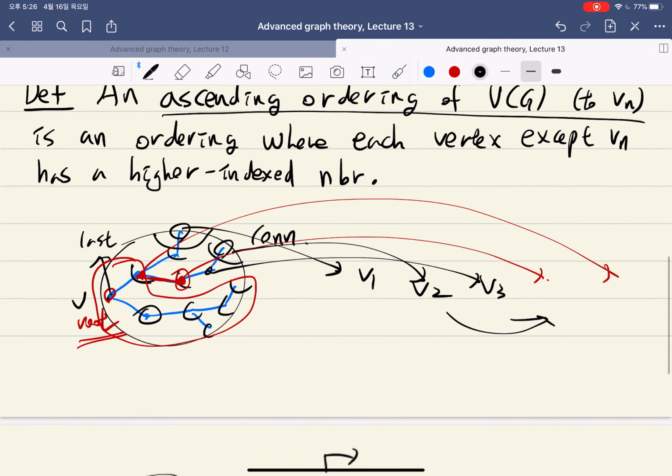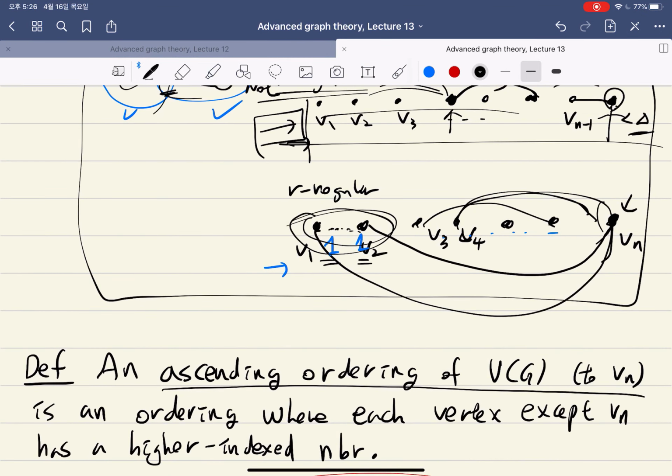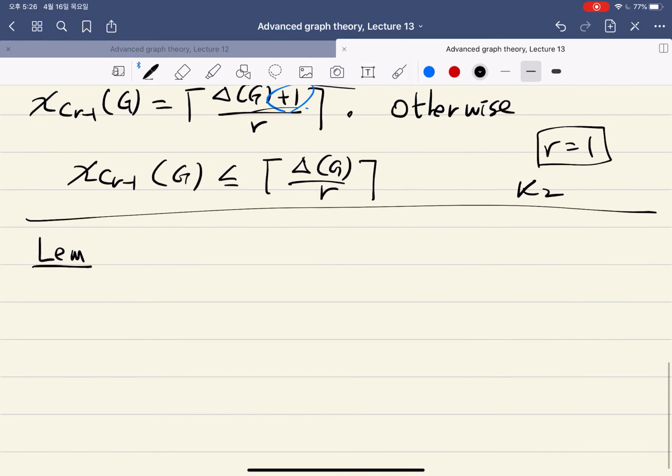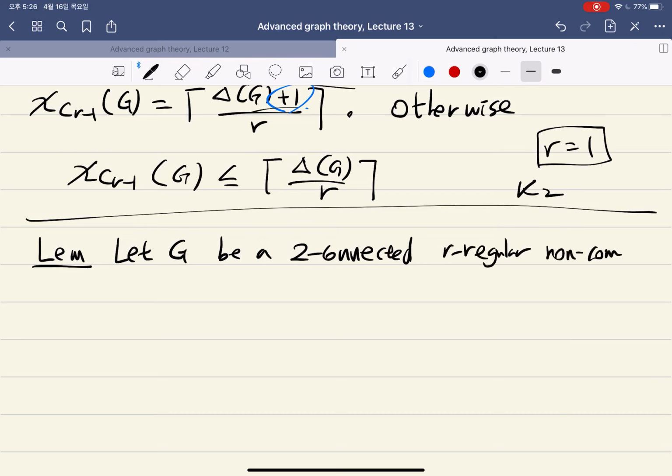This lemma vaguely provides this situation. We have to choose one vertex whose neighborhood contains two vertices which are not adjacent. And if you think about it, a bit more conditions are needed, which are captured by this lemma. So let G be a two connected R regular graph, which is not complete.